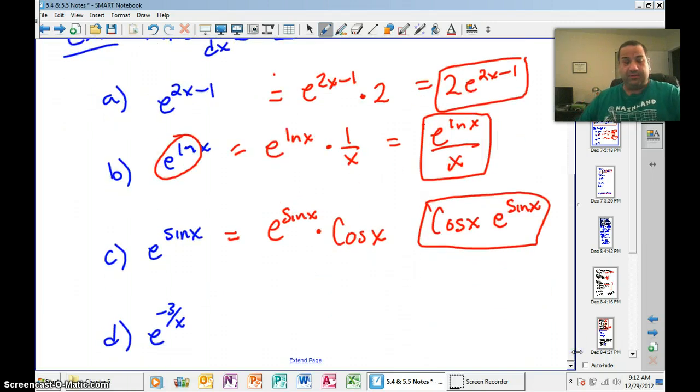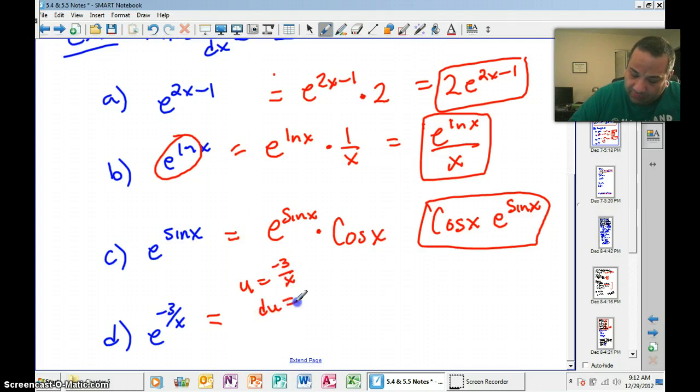And the last one, ooh, action. For your novice derivative people out there, if you want to do this, u equals negative 3 over x, and then find du. du would be negative 3 times x to the negative 1, subtract 1, so 3 over x squared.